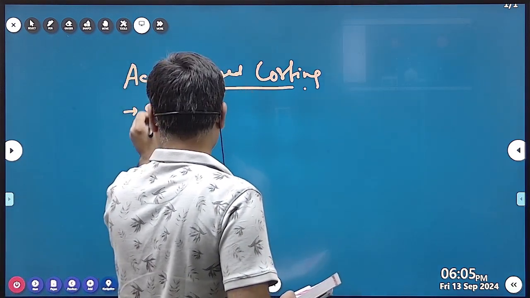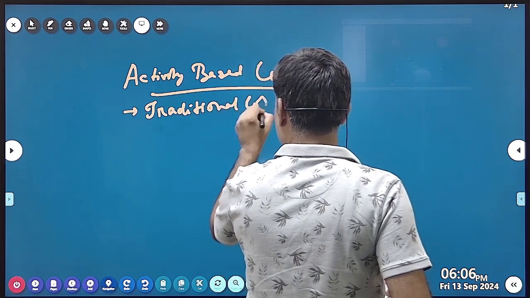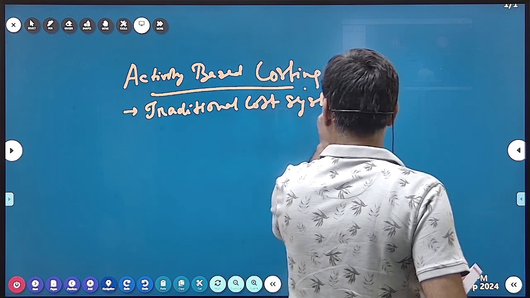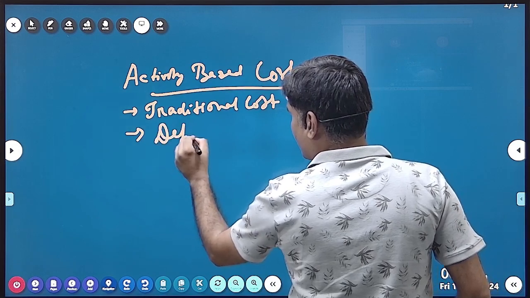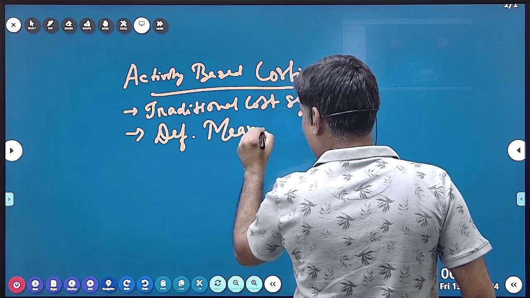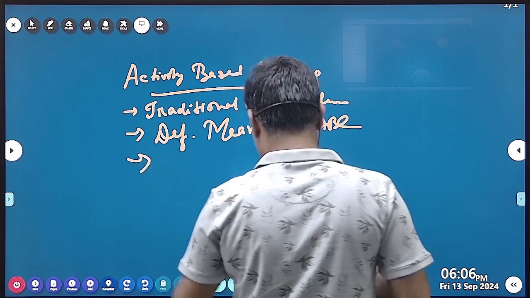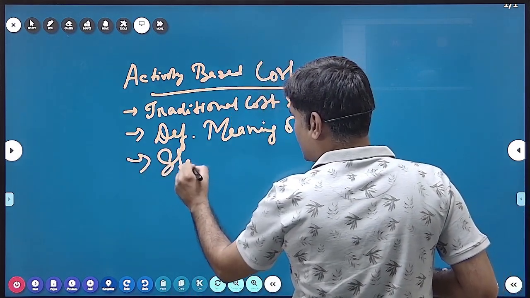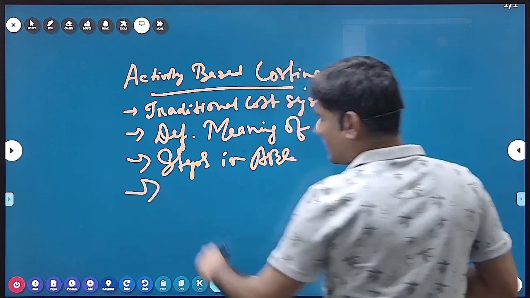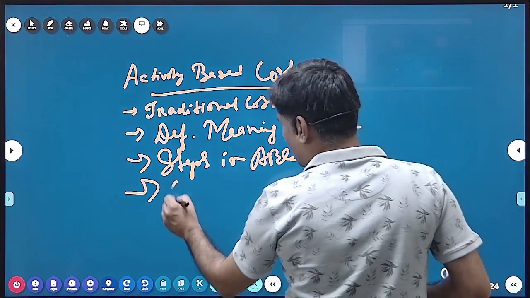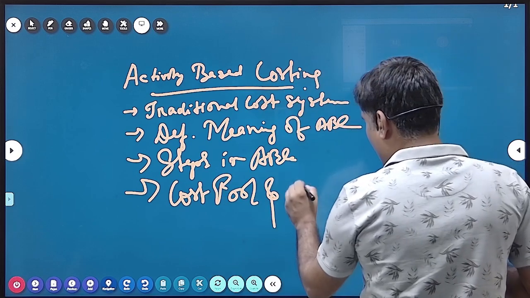First, we are going to learn the traditional cost system. Then we will learn definitions and meaning of ABC. Then we will learn steps in ABC. Then cost pool, and cost drivers.